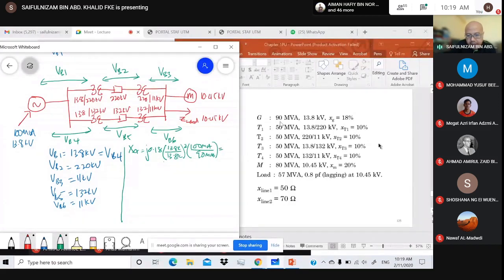This 90 is the old base value, from the nameplate.